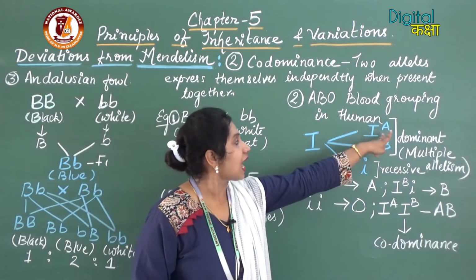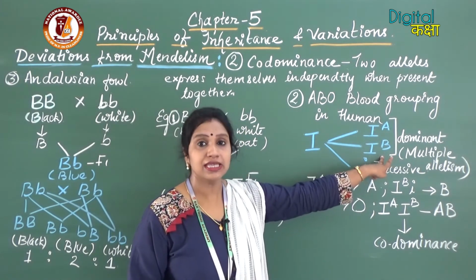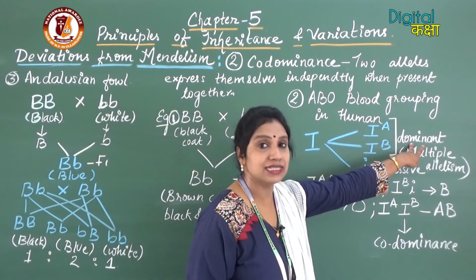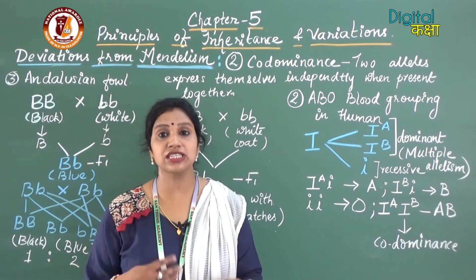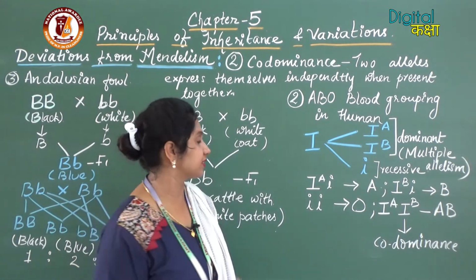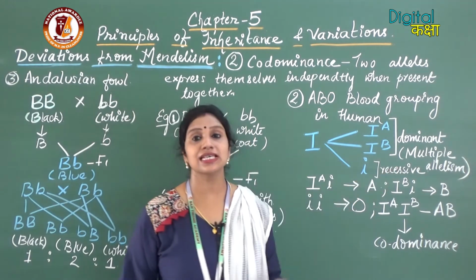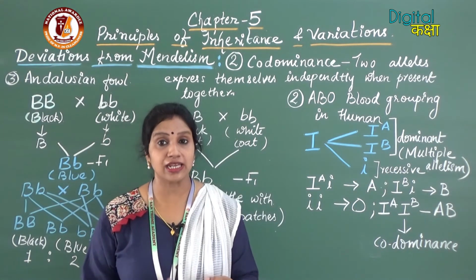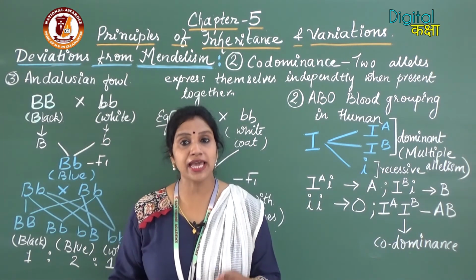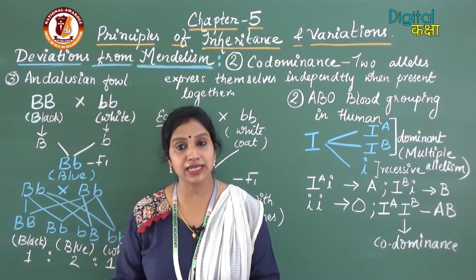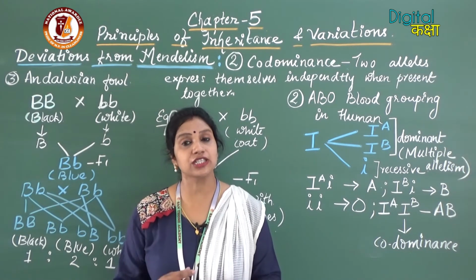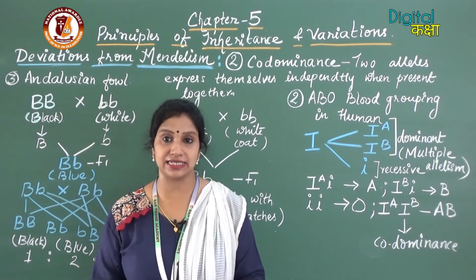So here IA and IB are the dominant alleles, meaning when they are present they will express themselves, and the small i is the recessive allele. That means when this small i is present in homozygous condition, only then will it be able to express itself.